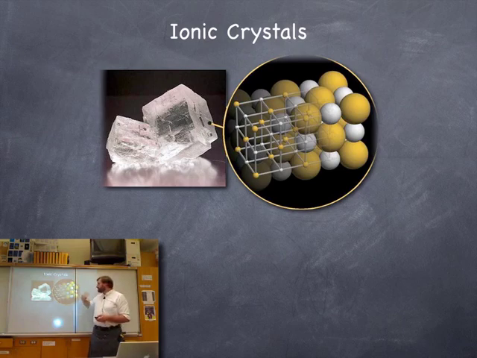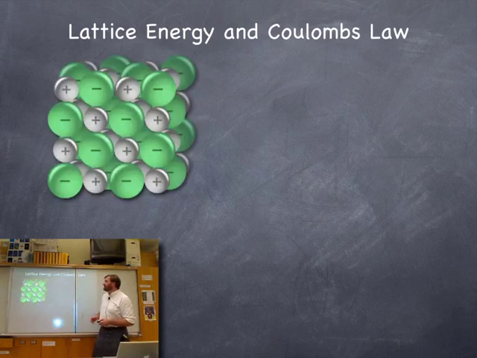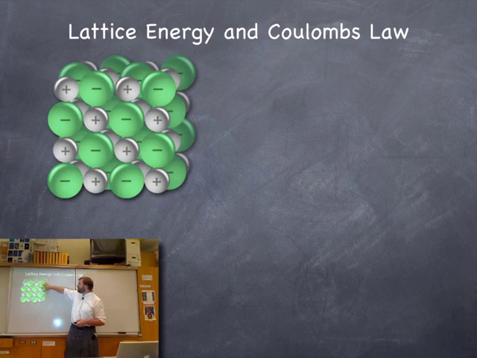Now, what we want to talk about briefly is how we can compare the strength of one ionic bond to the strength of a different ionic bond. We want to talk about what we call the lattice energy. If we look at this crystal, the lattice energy is the strength of the attractive force between the positives and the negatives.